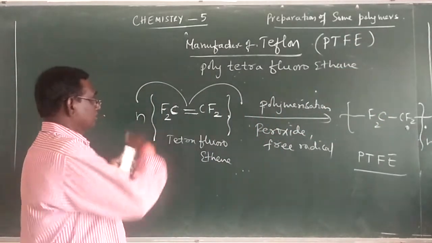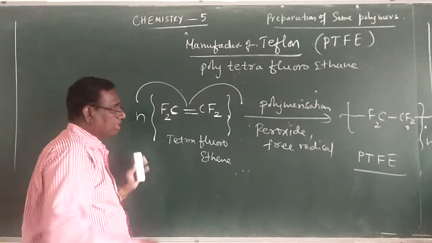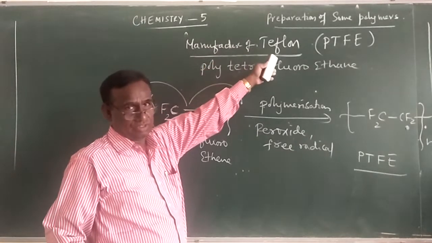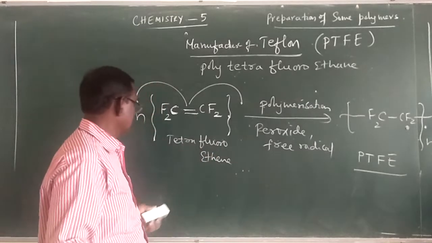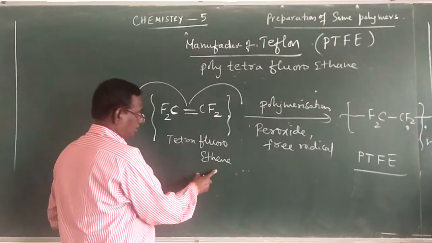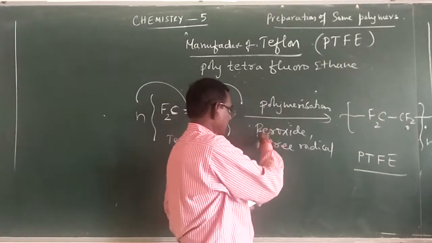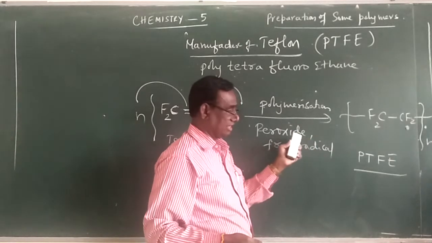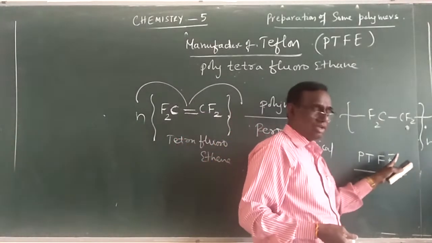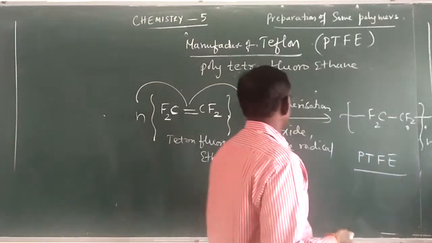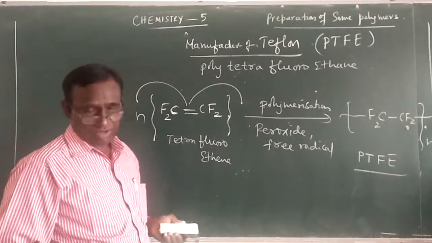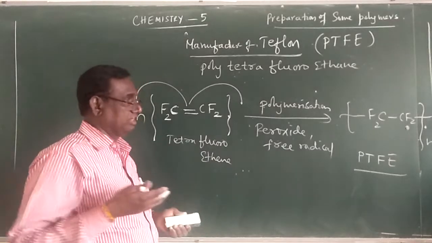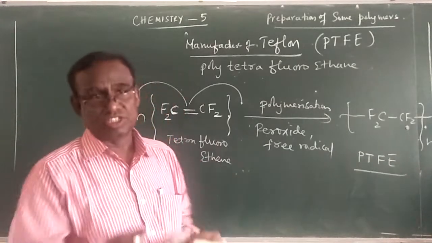So generally alkenes undergo addition polymerization. Monomer molecules containing a double bond are called alkenes. So therefore tetrafluoroethene will undergo addition polymerization in the presence of peroxide or free radical as catalyst, giving polytetrafluoroethane. This is a polymer, and it is also called Teflon. It is used for coating utensils.